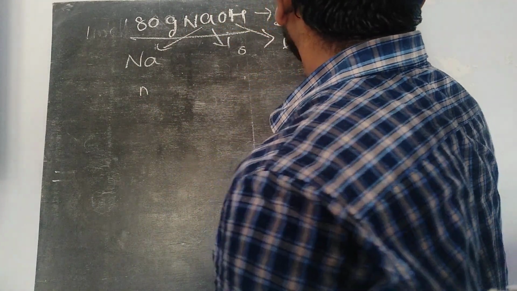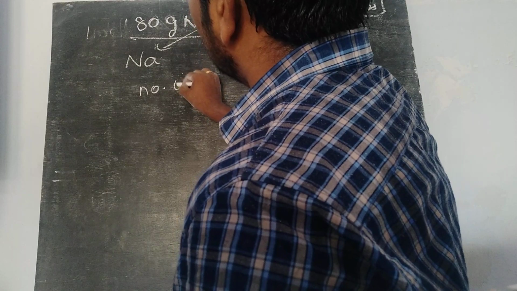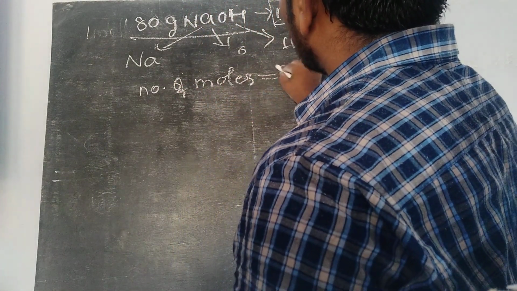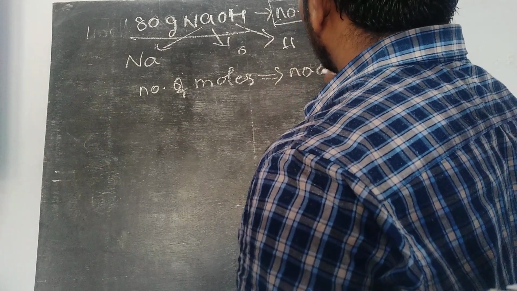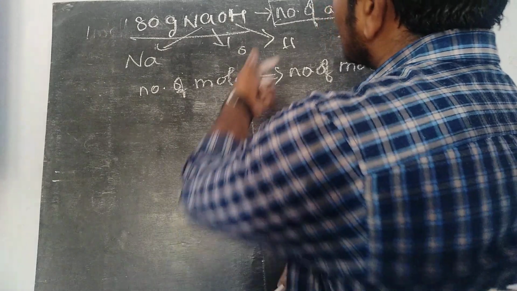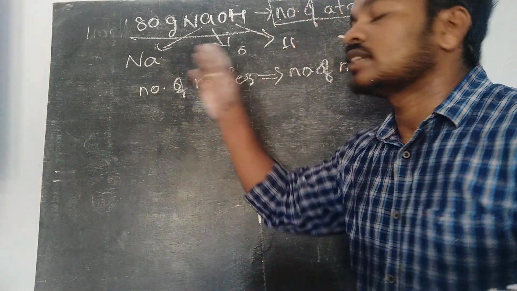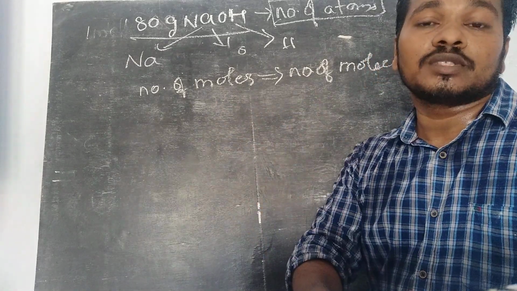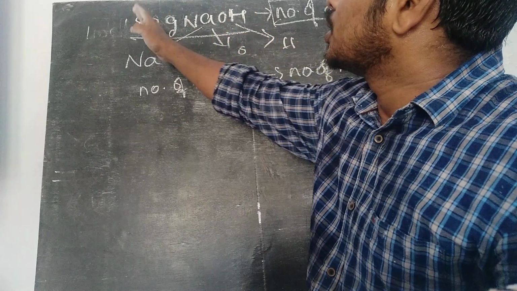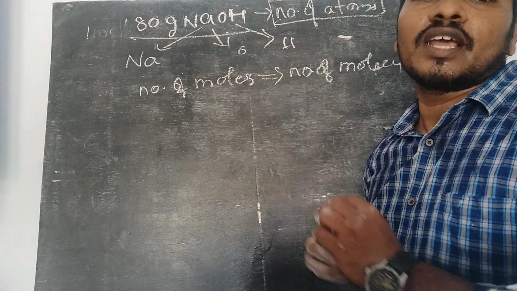Whenever they are asking the atoms, first you have to calculate the number of moles, then the number of molecules, and automatically you get the number of atoms. Whether it is 80 grams of NaOH, 120 grams of NaOH, or the number of atoms present in 22.4 grams of H2SO4, whatever it may be, I am giving one example.